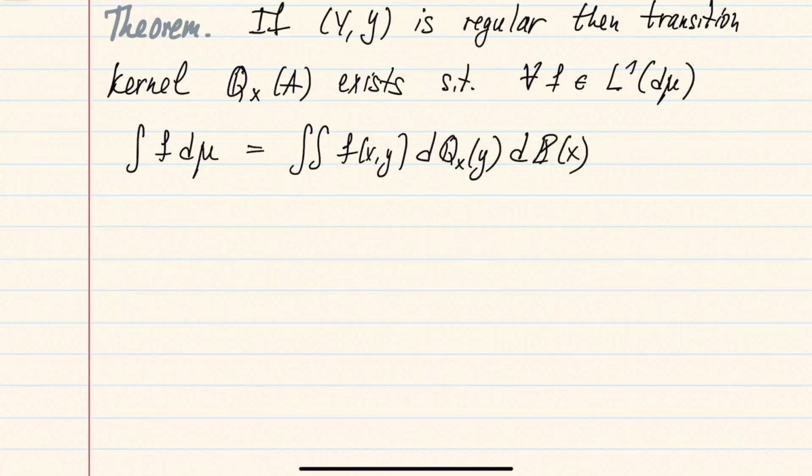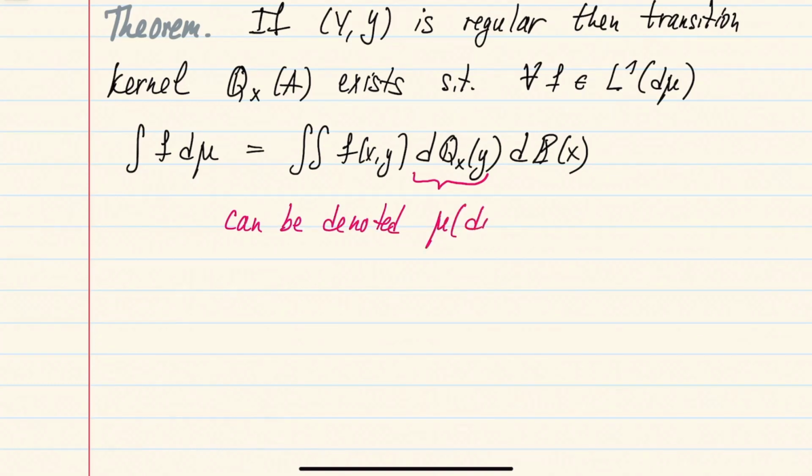And let me just mention that sometimes this transition kernel is denoted as mu(dy | x).